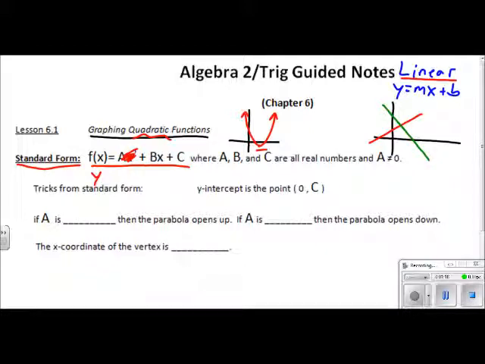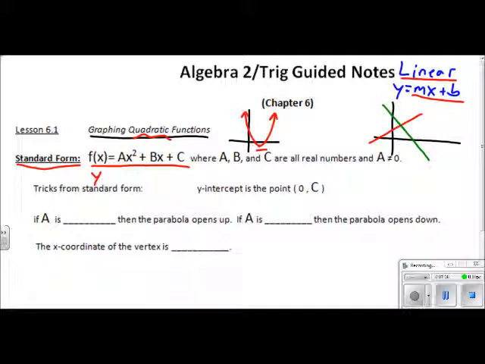We just have bx plus c. Well, that looks way too similar to mx plus b. So if a was 0, it would just be a linear function. So that's why a cannot be 0, so that we still have the x squared. Basically, anytime that you have an x squared term, that's what makes a function quadratic.